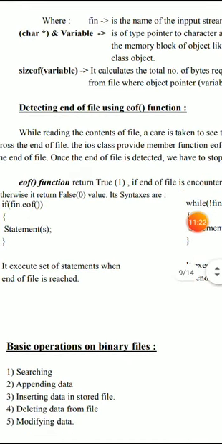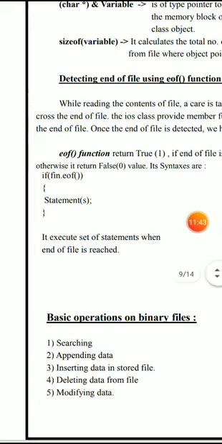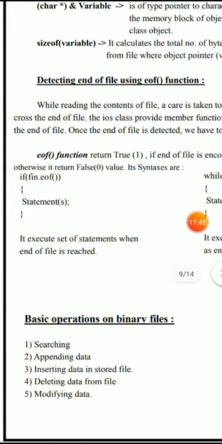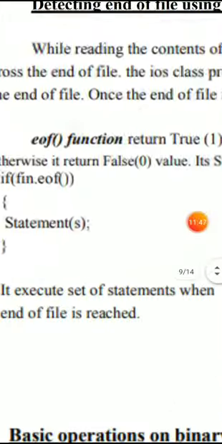So during reading or writing operations, we have to go through the contents of a file until the EOL character is reached. Once that character is reached by the compiler, certain translation takes place. Usually detecting end of file is done by using a special member function called the EOF function.